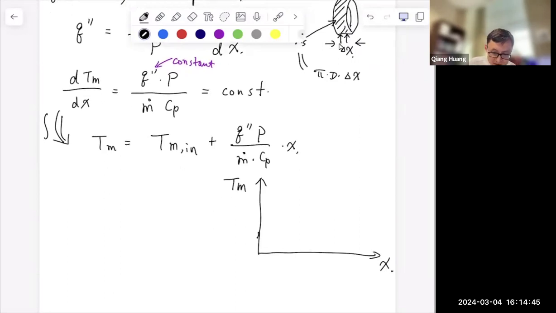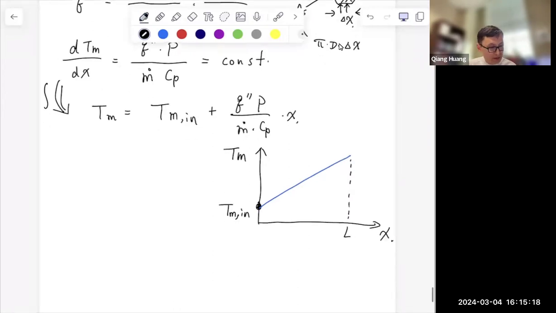At x equal to 0, this is T mean at the inlet. Then it is a linear function like this, and it increases until the total length of the pipe.